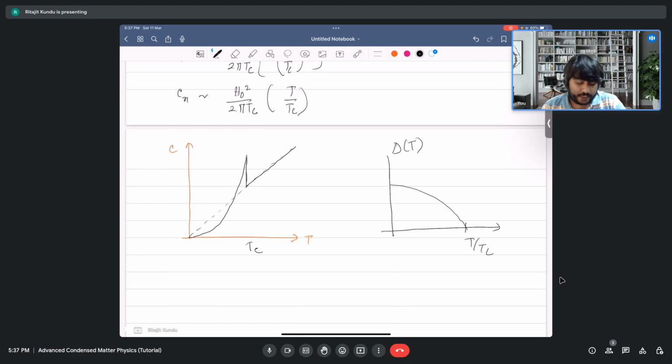As you increase the temperature, the gap decreases, and as a result, at that particular temperature, you can excite more and more particles thermally, right? So as a result, you see that there is this kind of peak. And beyond that, it becomes a normal metal, so it follows the normal metallic path. Okay, so any question?